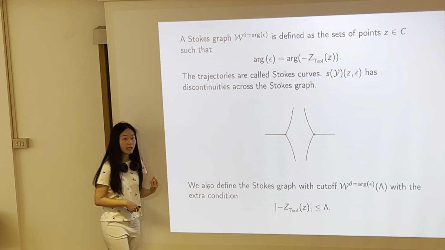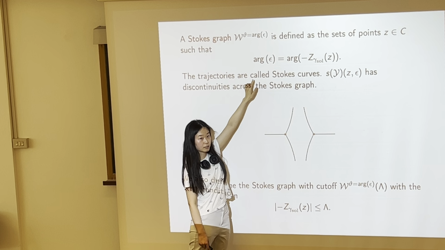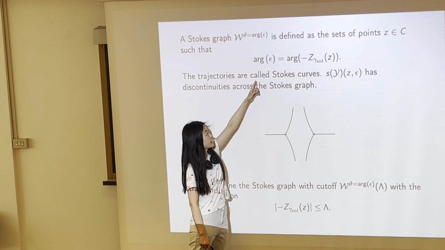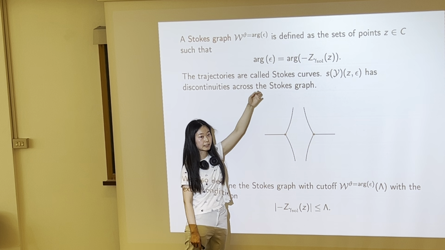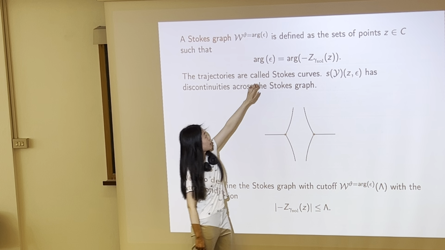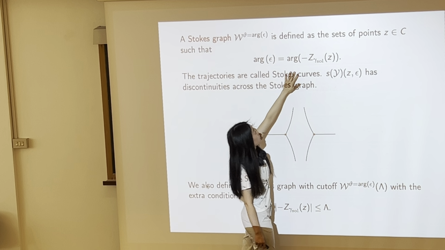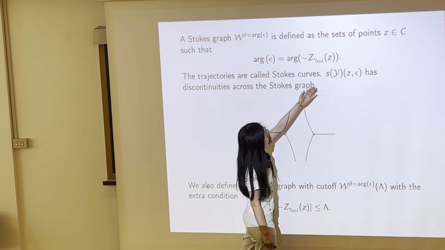And actually, we can see already that this condition defining the Stokes graph is exactly what we want for the singularity and discontinuities using this exact WKB language, because the argument of epsilon controls the integral direction, and this controls the pole on the Borel plane.